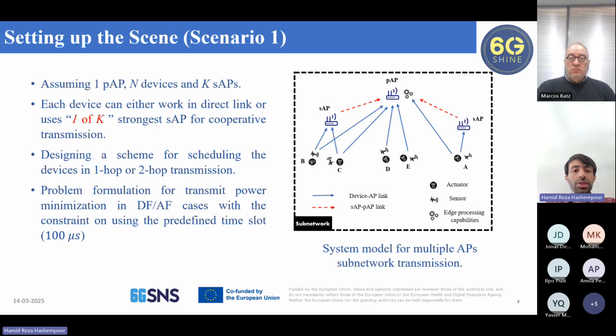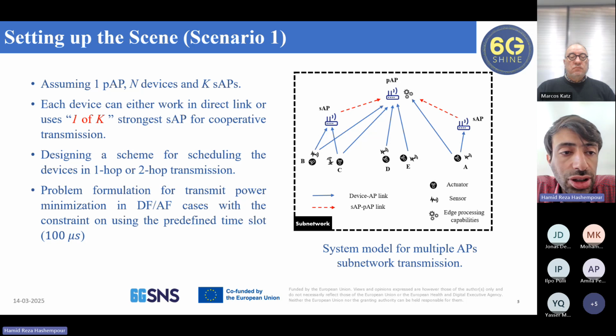So let's get started with the first scenario. In the first scenario, as I discussed before, we have one primary access point and multiple secondary access points that work as relays, and a couple of devices that are distributed among the subnetwork.